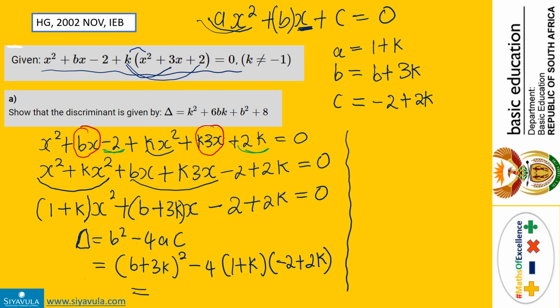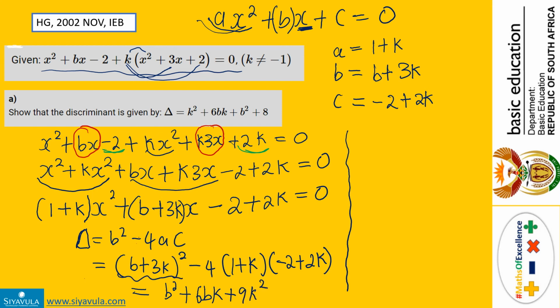If I expand it to be b plus 3k multiplied by b plus 3k, if I simplify it, it will just be b squared plus 6bk plus 9k squared, right?